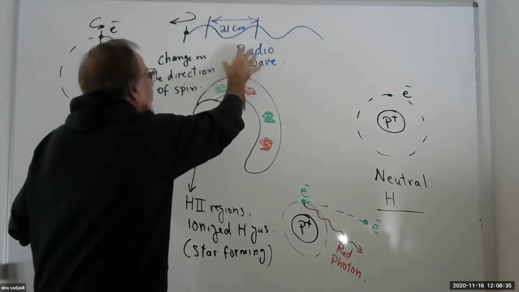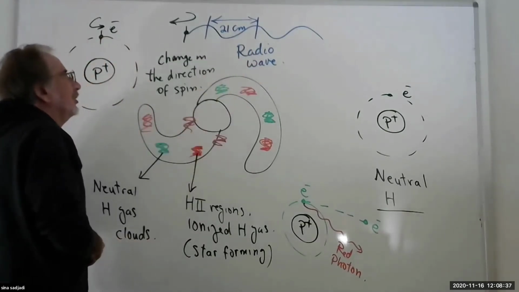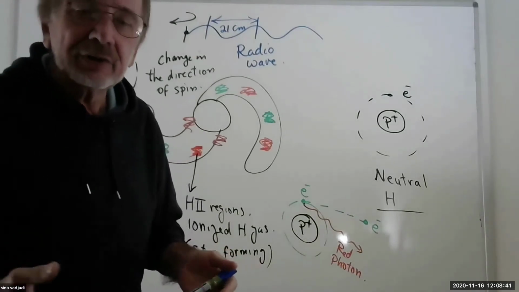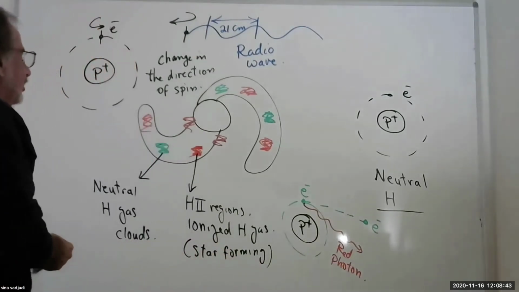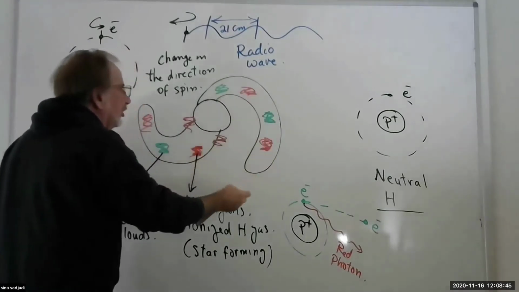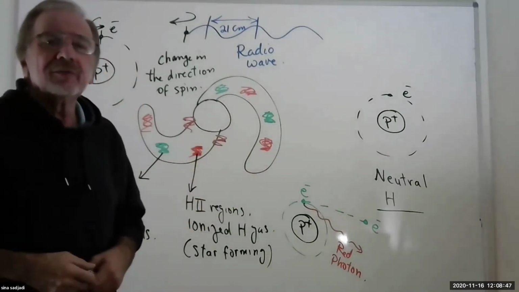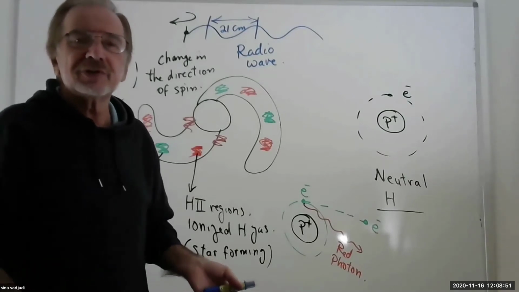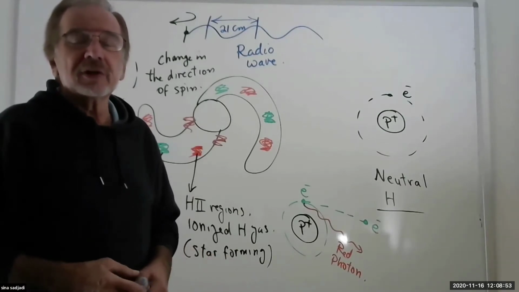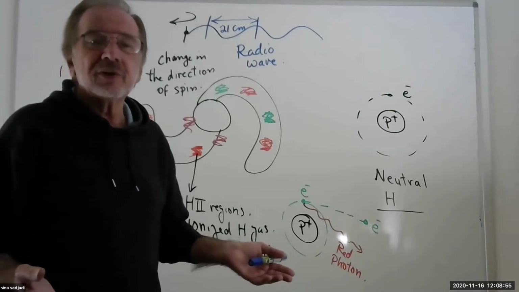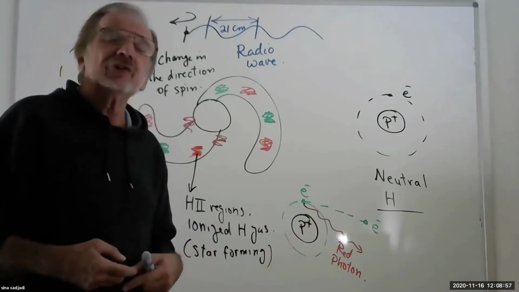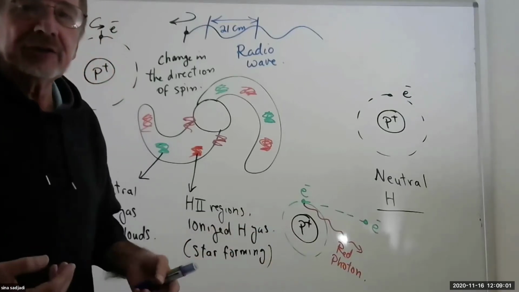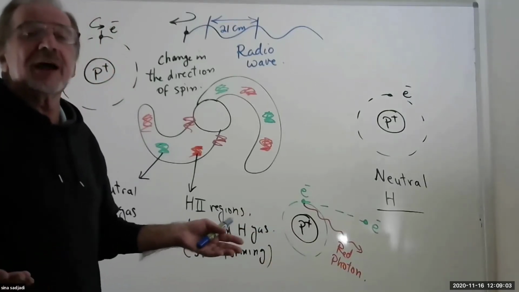So when they looked at the galaxy with the 21 centimeter radio detector, what they found was that the entire galaxy, all the spiral arms, can be detected by using a radio telescope tuned into these 21 centimeter waves. Because there are gazillions of electrons. So at any given time, even though it may take millions of years for this to happen, there are quite a few of these happening.